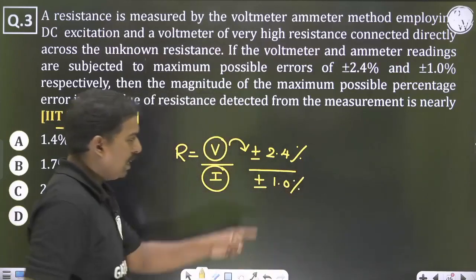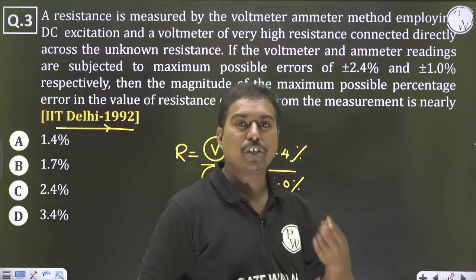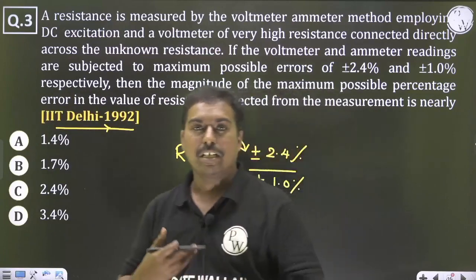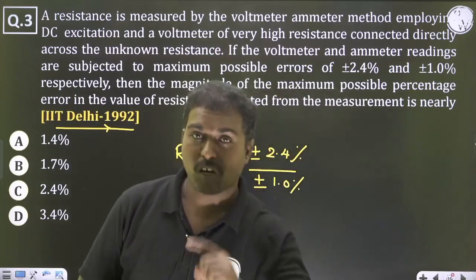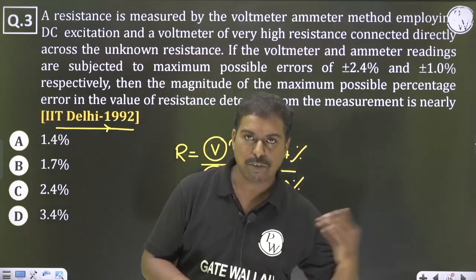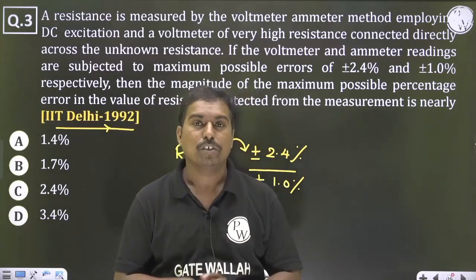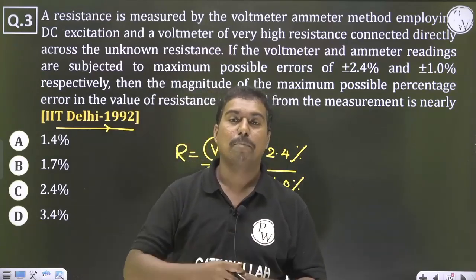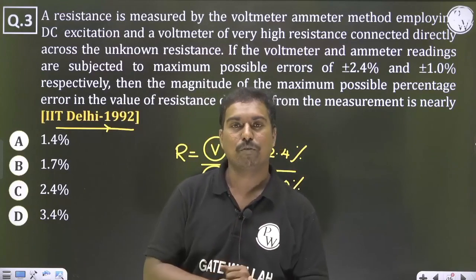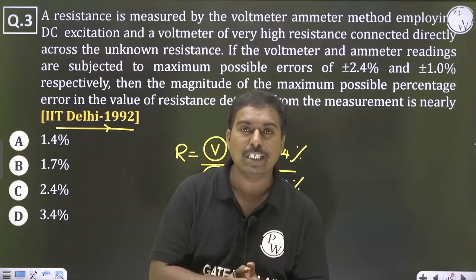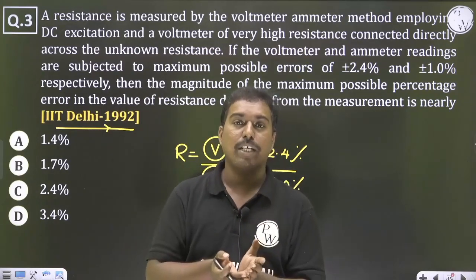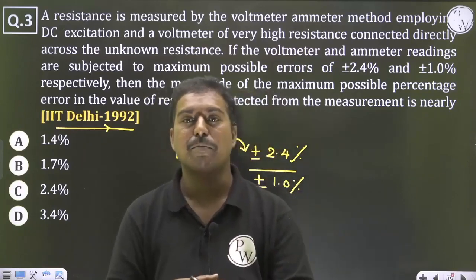This is a combination of quantities as division. As I explained in the previous lecture, for sum of quantities and product of quantities, when taking division or product of quantities, their percentage errors can be added.